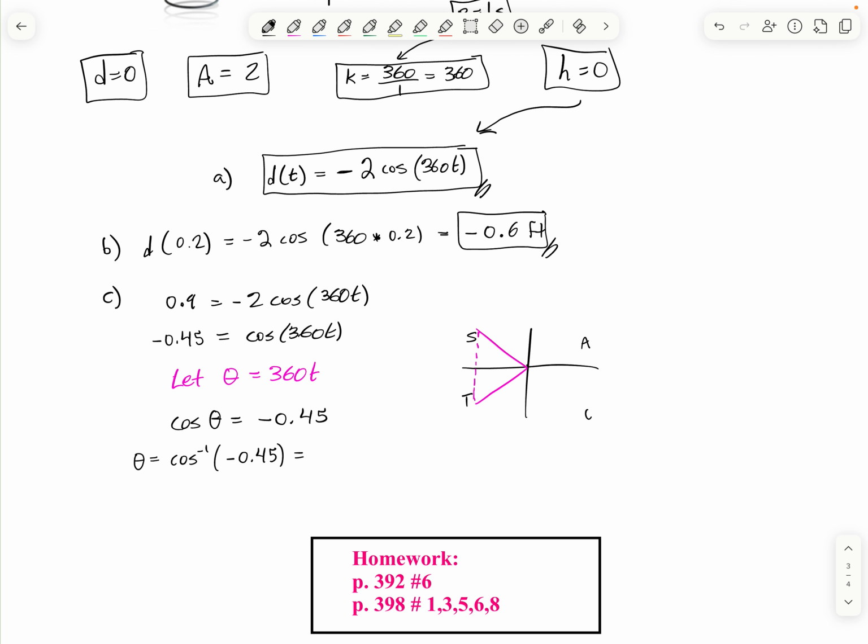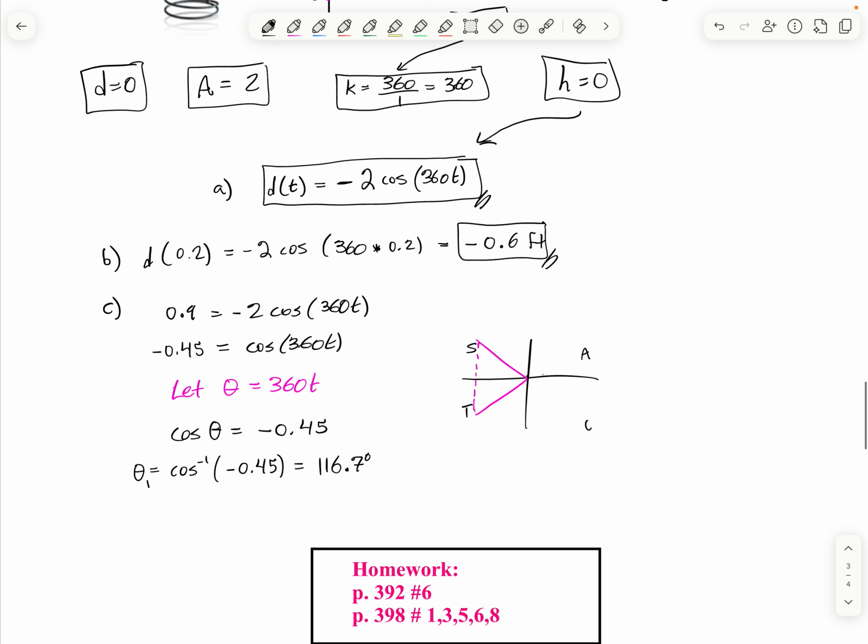We get theta 1 is equal to 116.7 degrees. Okay, so this is this angle right here.